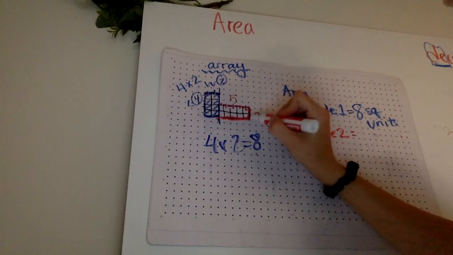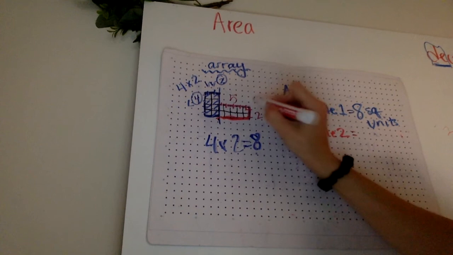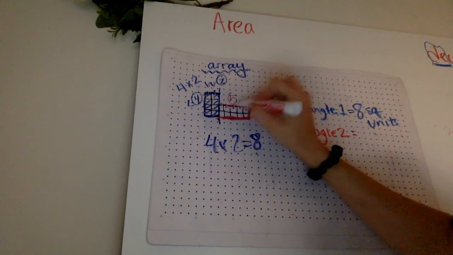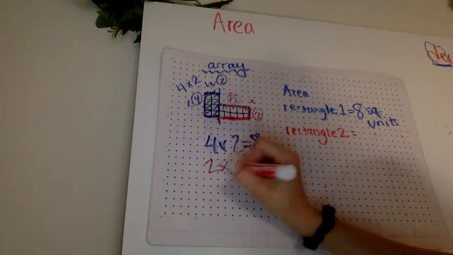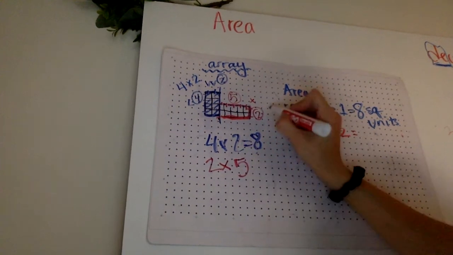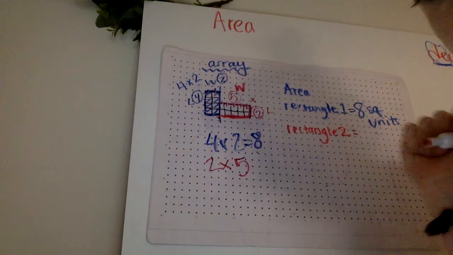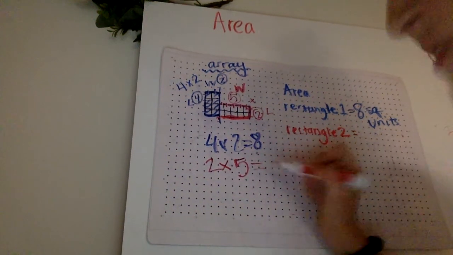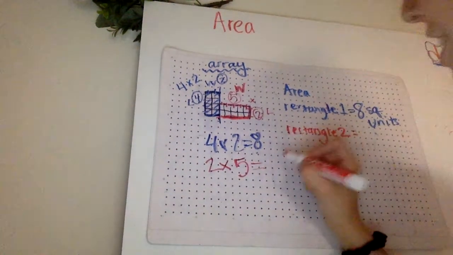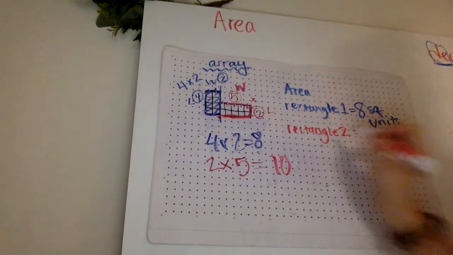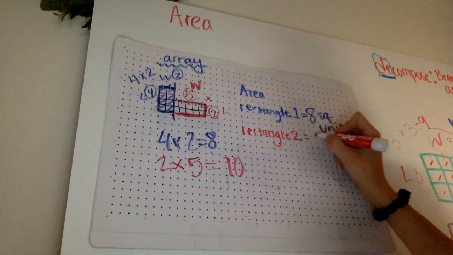So we have 2 rows of 5. 2 rows of 5. That means 2 times 5. We're taking our length and our width, and we multiply them together. 2 times 5 is what, friend? Good job. It's 10. So the area of rectangle 2 is 10.